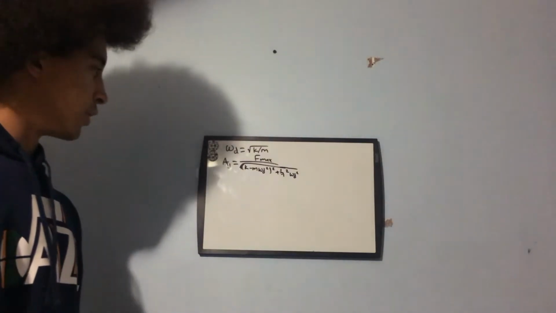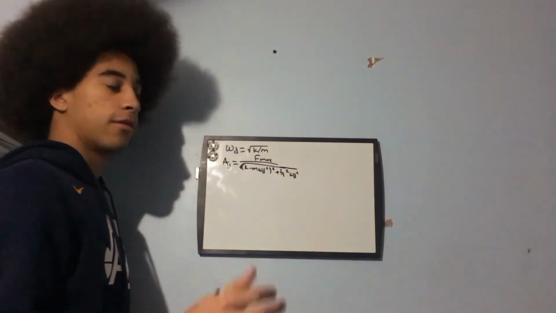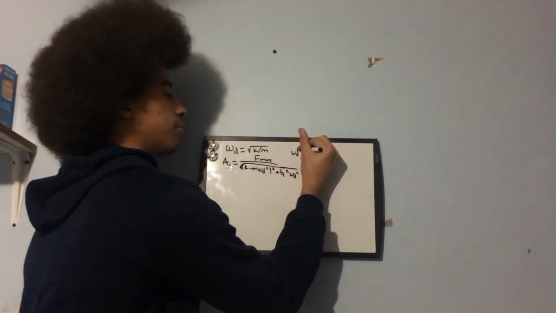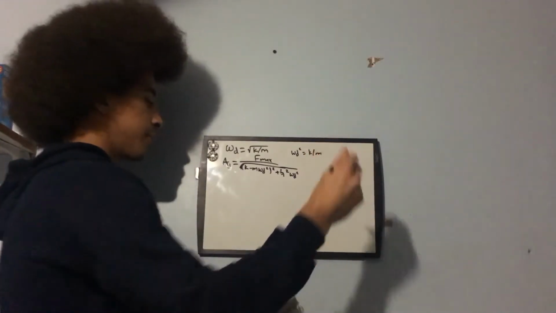Since we know that omega D equals root K over m, we know that omega D squared equals K over m.